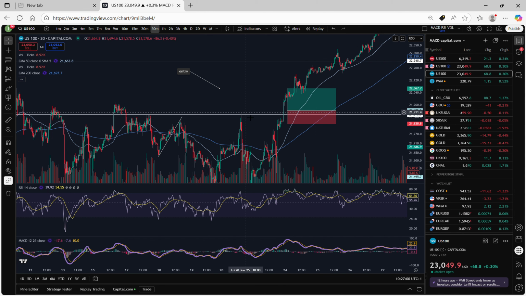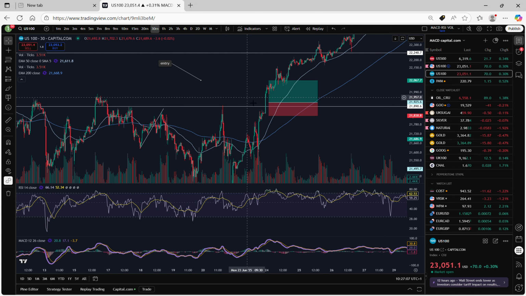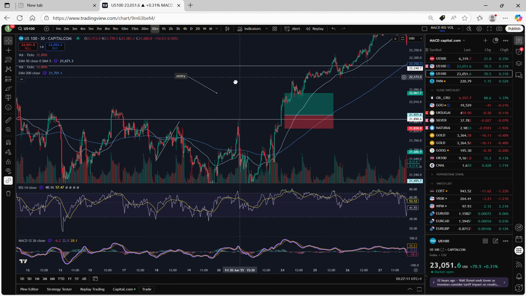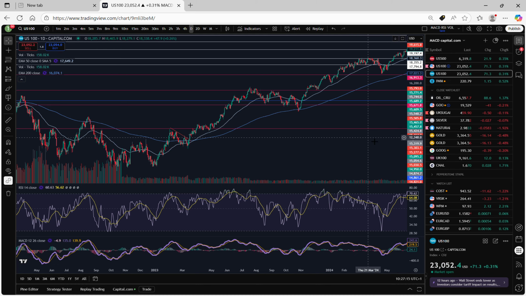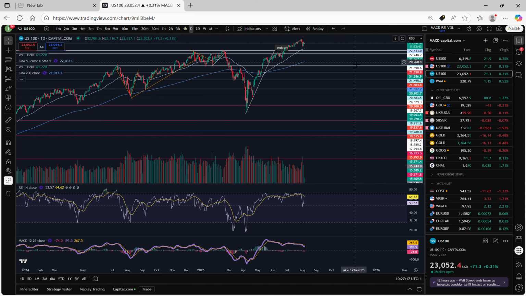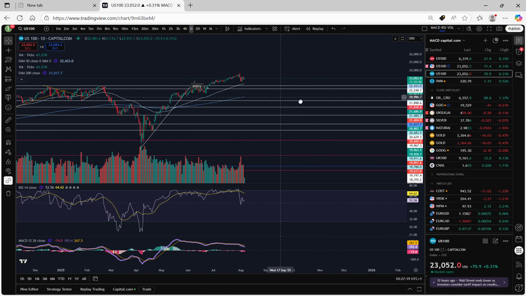You're getting in at the support on the major daily time frame, and setting a stop loss and target based on the smaller time frame. So the idea is you're just nipping in and out really quick to make a profit there.